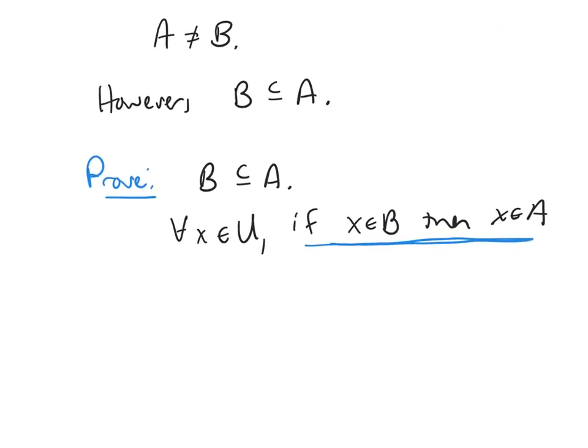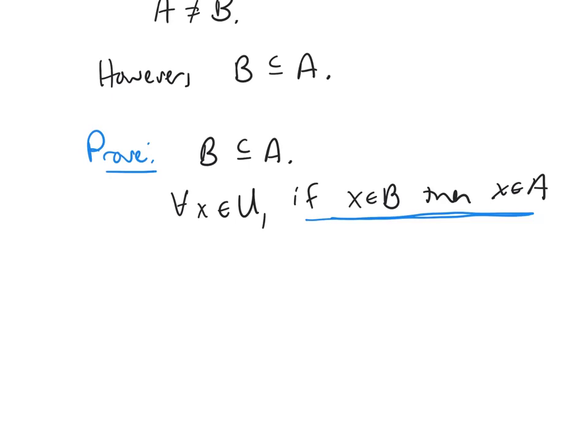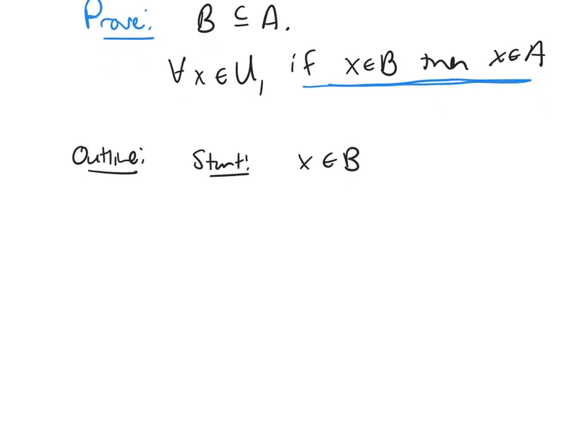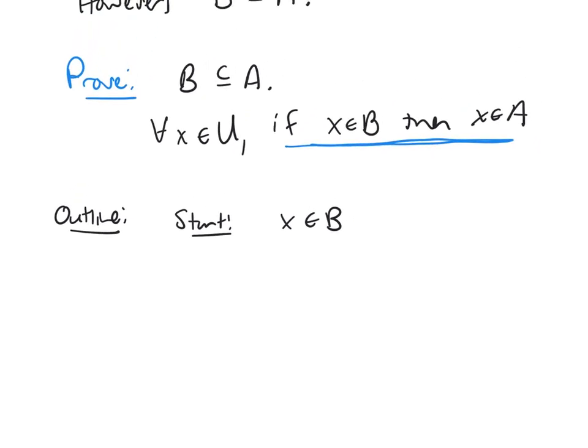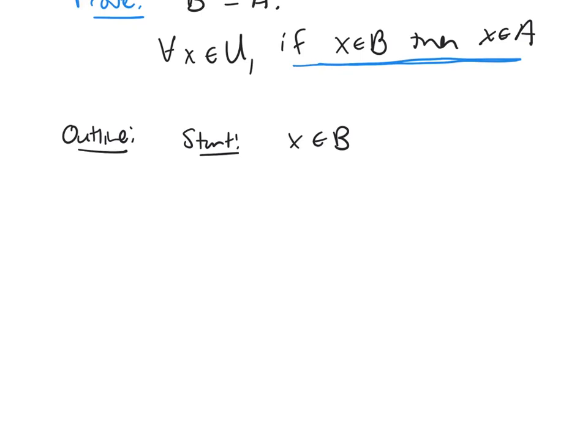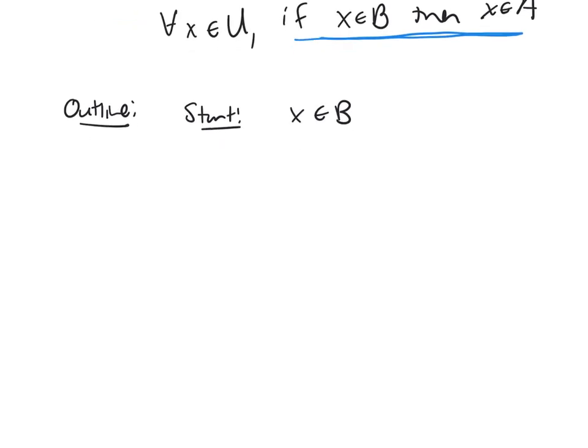So let's write an outline of this proof. What would the start of the proof be? You would start by saying X is in B. And what is my conclusion? Where's the end of my proof? I need to conclude that X is in A. So the end, down here, will be X is in A.